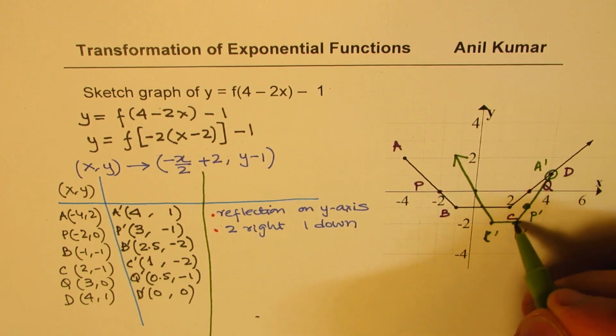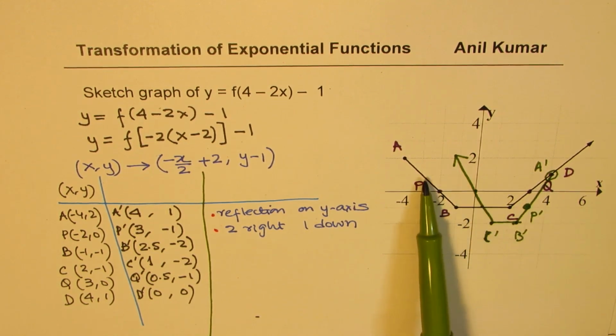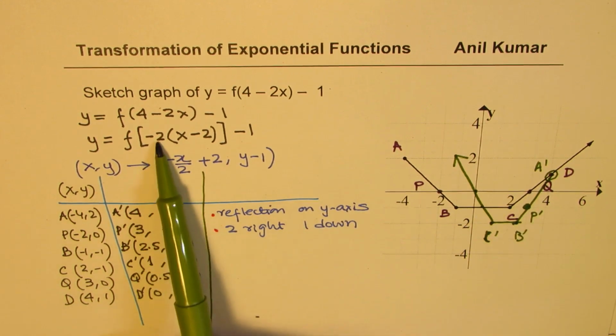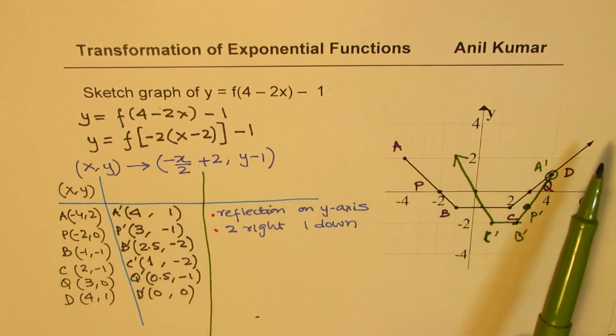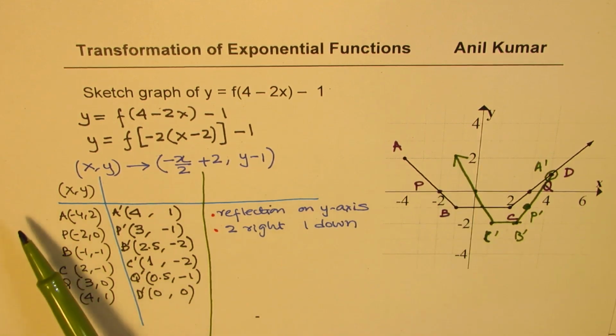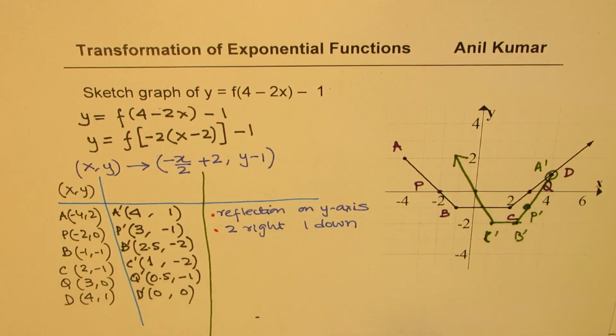So that becomes the graph of the function, which you can see clearly has been compressed horizontally. So width has been reduced to half. That is because of this, right? Reflected on the y-axis, the arrow moves to the left side. So that becomes your transformed function.